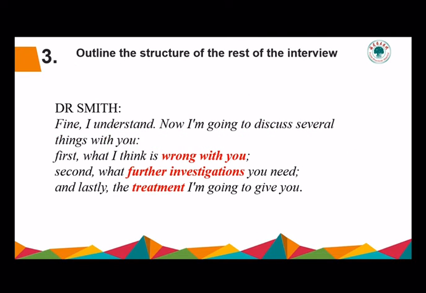Step 3. Please outline the structure of the rest of the interview. We find that Dr. Smith said what I think is wrong with you, what further investigations you need, and lastly, the treatment I'm going to give you, to help the patient to understand that.